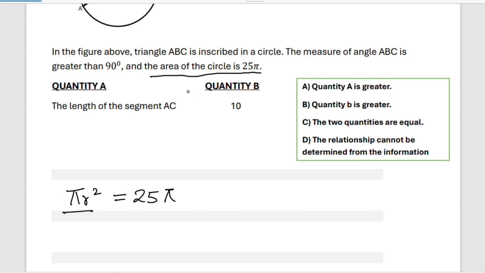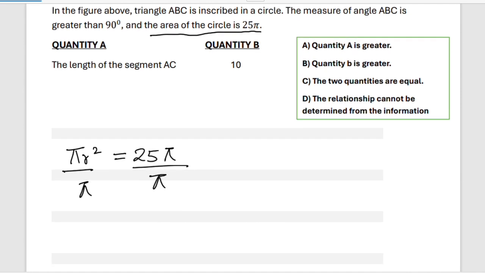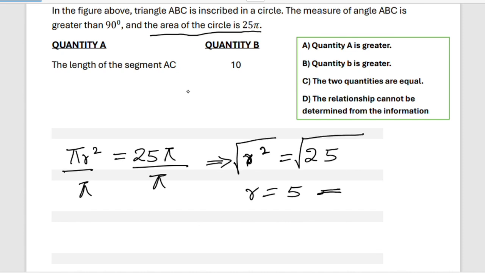We can divide both sides by pi, and what we'll have left is r squared equals 25. If we find the square root of both sides, we'll have that r is simply equal to 5. And this implies that the diameter is 2 times r, which is 10. So the diameter of this circle is 10.